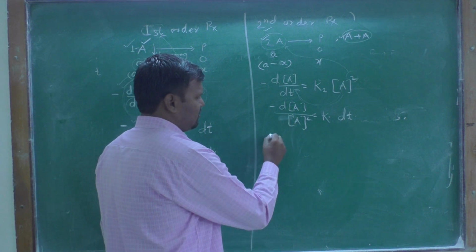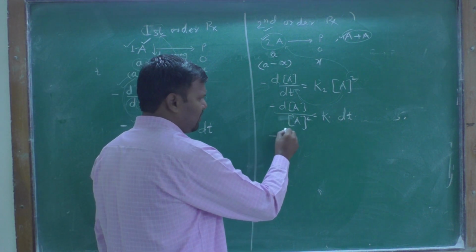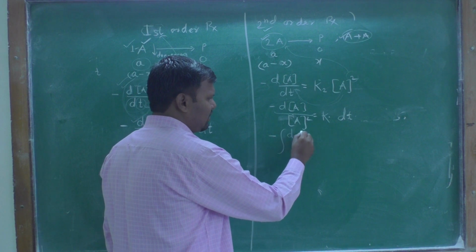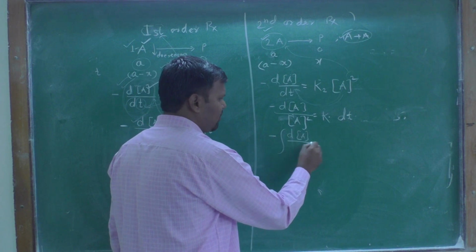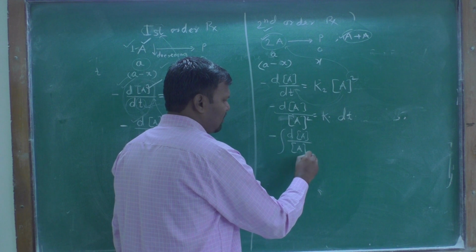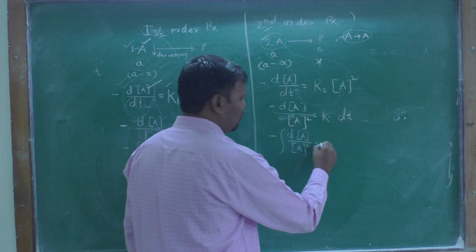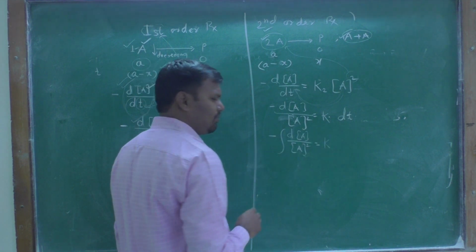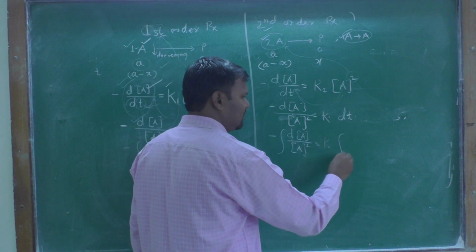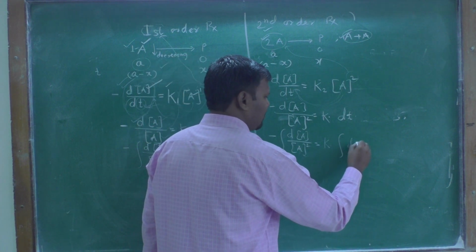For this the negative sign is outside, therefore delta A upon A square, that is reactant square, is equal to k, the constant kept outside of this integration, into dt.